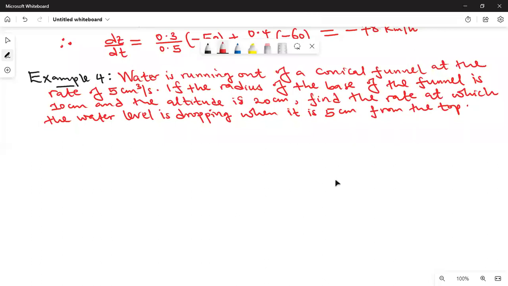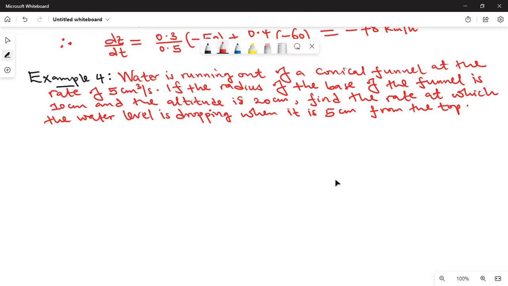In example number 4, we are told that water is running out of a conical funnel at the rate of 5 centimeters cubed per second. If the radius of the base of the funnel is 10 centimeters and the altitude is 20 centimeters, find the rate at which the water level is dropping when it is 5 centimeters from the top.